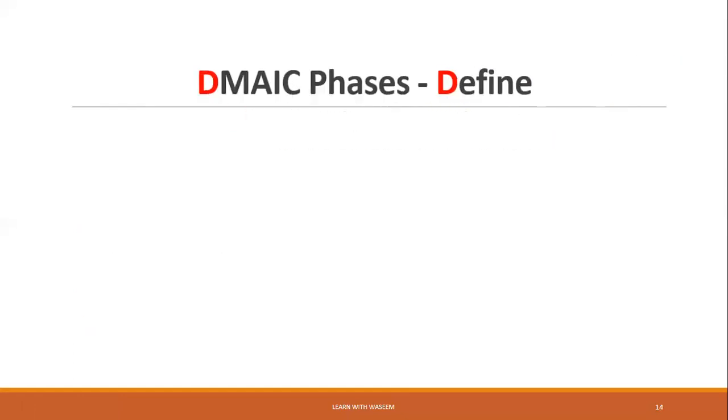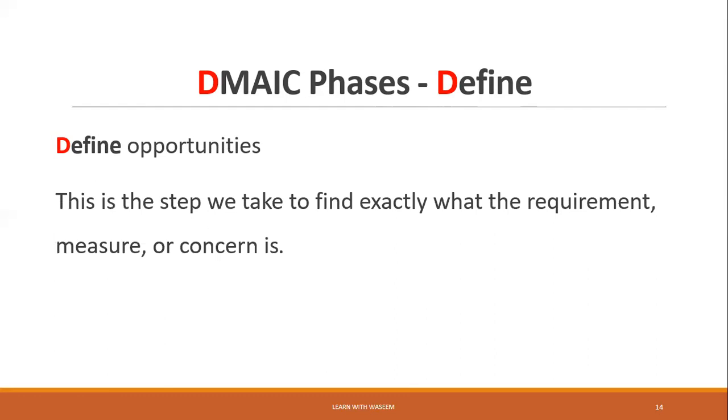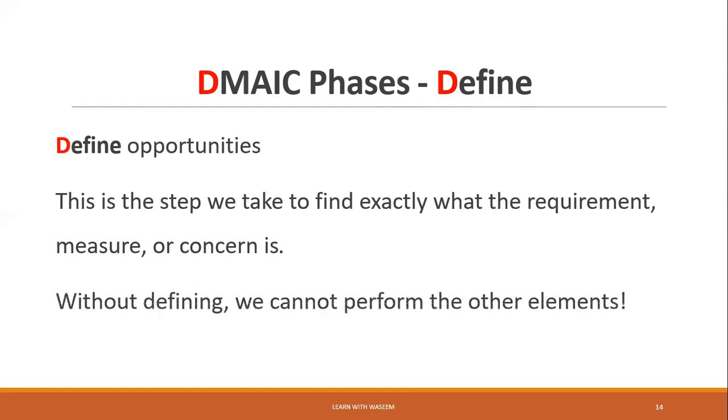So we are going to discuss each of these phases one by one. Let's talk about the define phase of DMAIC. So what we do in defining phase, we actually define opportunities. And this is the step we take to find exactly what the requirement, measure, or concern is. Without defining, we cannot perform other elements. So a definition is actually a very important aspect.